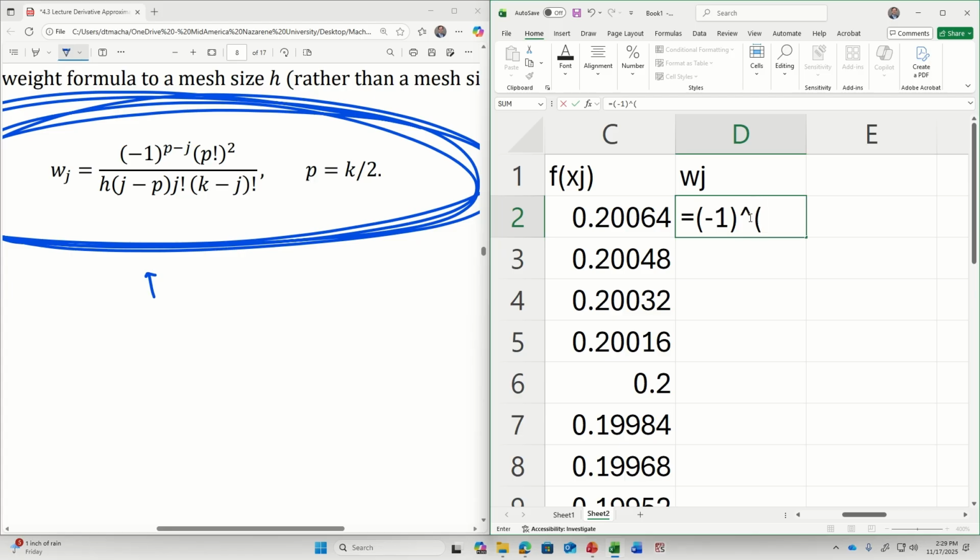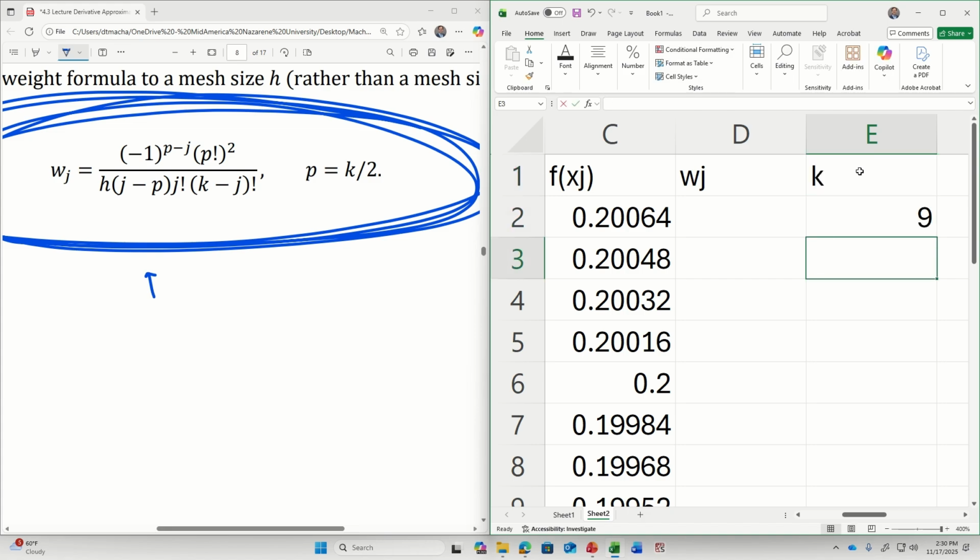And remember, p is k divided by 2, so I'm going to make a k over here. K is 9, so that p is 9 divided by 2. No, sorry. K plus 1 is 9. That's my number of nodes. So that means k is 8, and then p is 4.